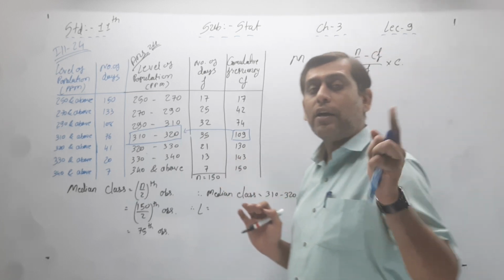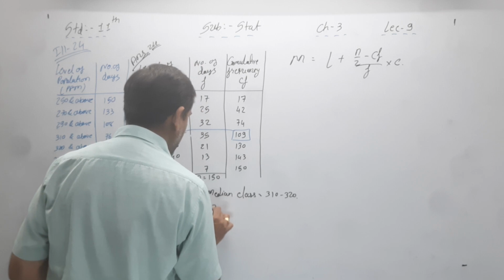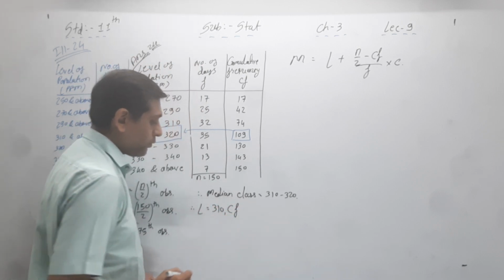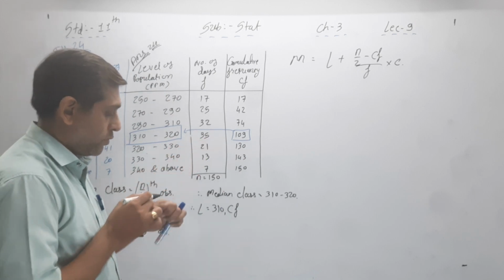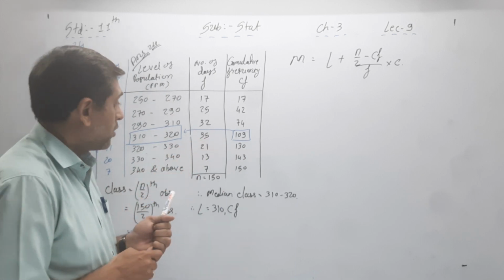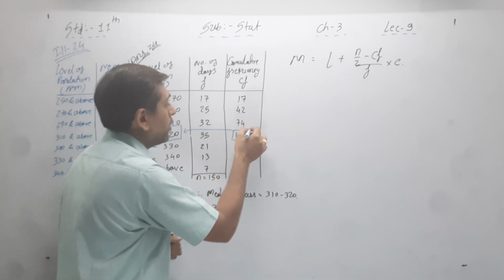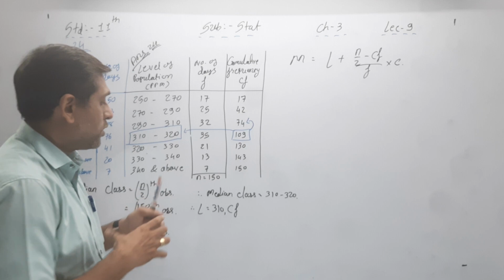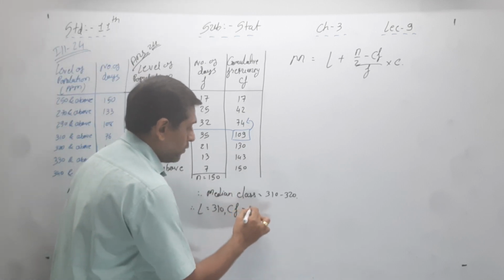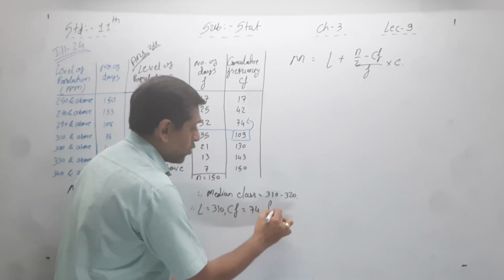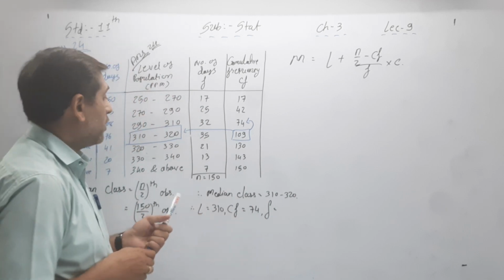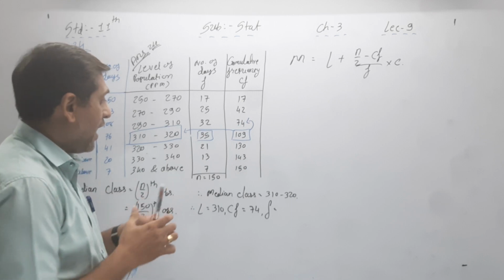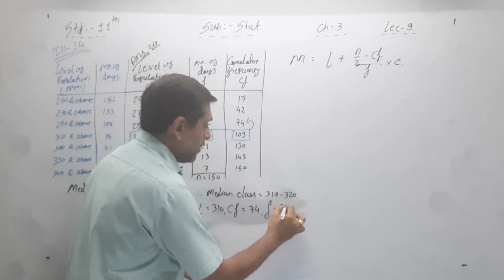That's why 310 is your lower class boundary, L is 310. CF means the cumulative frequency of the previous, preceding class, so CF is equal to 74. F is your median class frequency, so F is equal to 35.